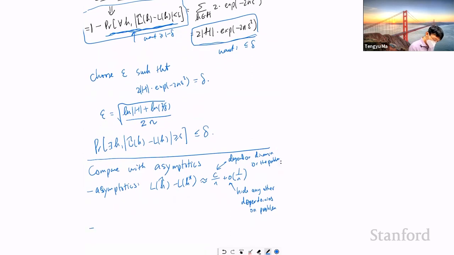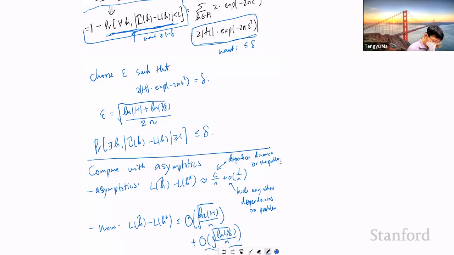What we have now is that the excess risk is smaller than, and here you don't hide anything, you hide some constant of course, the square root of ln |H| over n, and of course you also have something like the square root of ln 1 over delta over n.